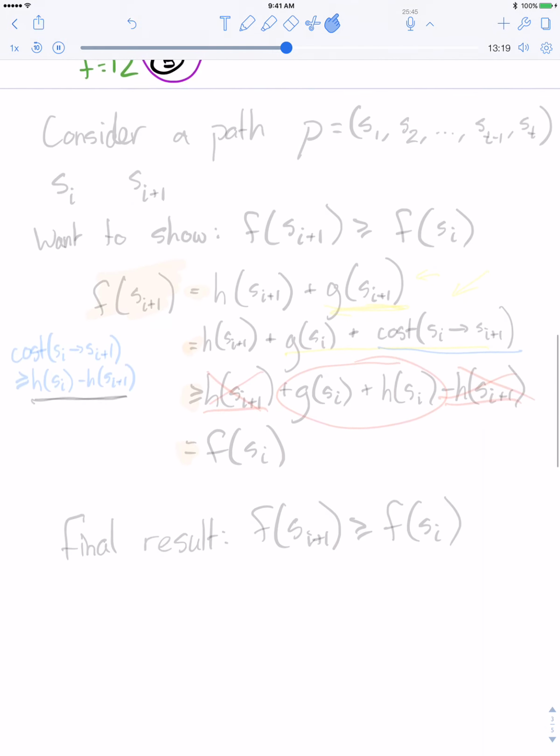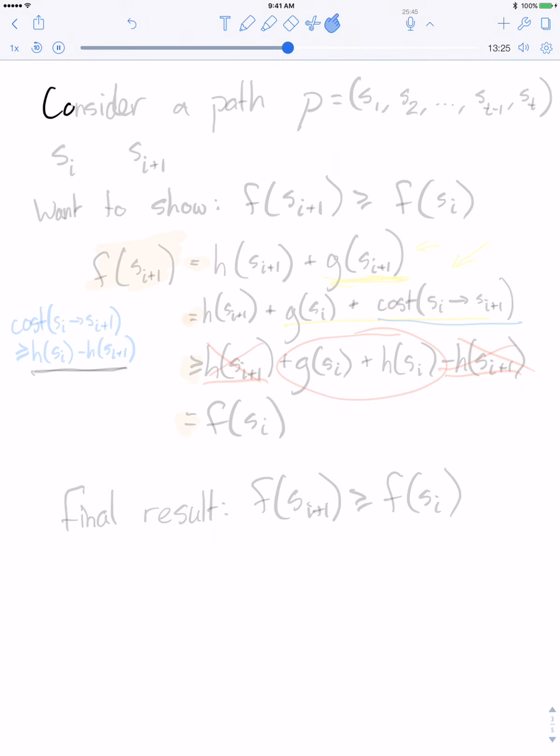The first thing we need to do is just consider some arbitrary path P. Now, a path is going to contain a sequence of states. So let's just call them, to be completely generic, S1, S2, dot, dot, dot, ST minus 1, ST. So this is a path of length T. Now, what we want to show is that for any two adjacent states in this path, the latter one has an F value that's at least as big as the one before it.